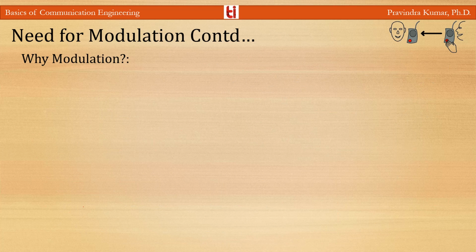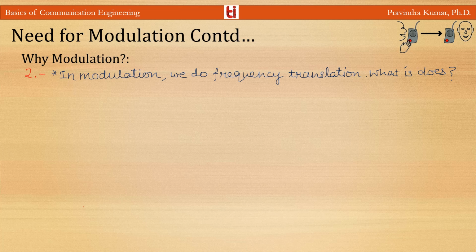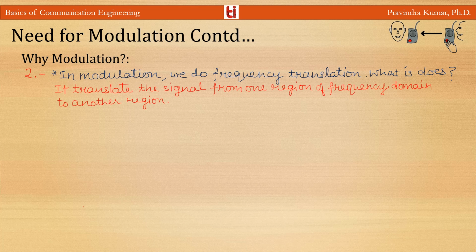interference. And second point, when we are doing modulation, one important operation that is being performed on the signal is known as frequency translation. What it does, it translates the signal from one region of frequency domain to another region.